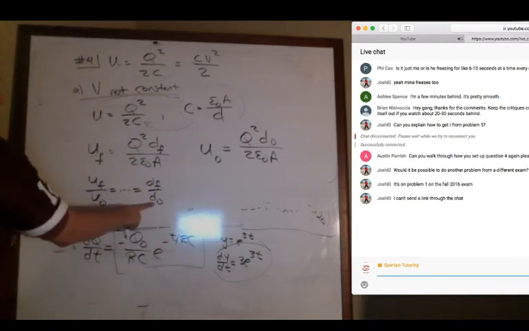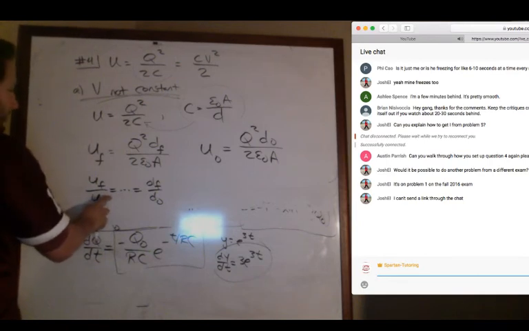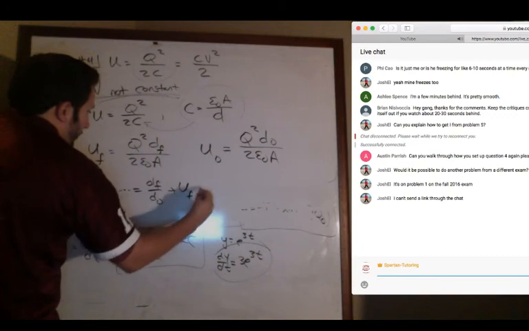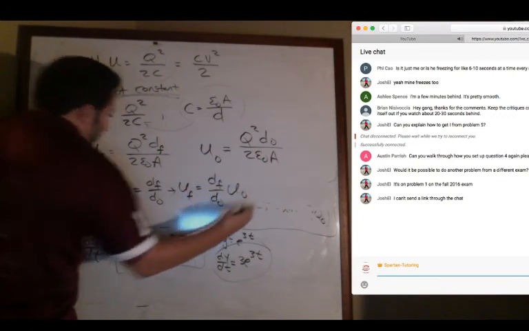They gave us my initial distance, my final distance, and my initial energy. I multiplied the initial energy to the other side, so UF is equal to dF over D naught times U naught.